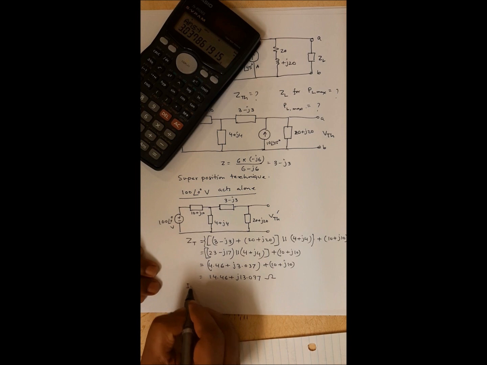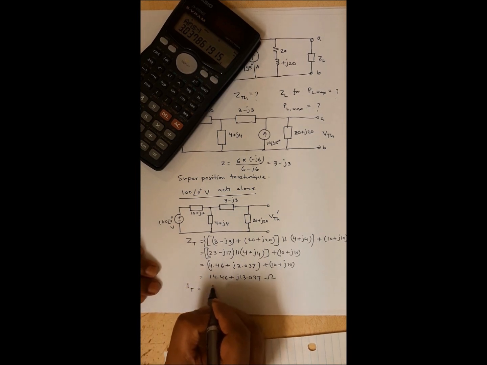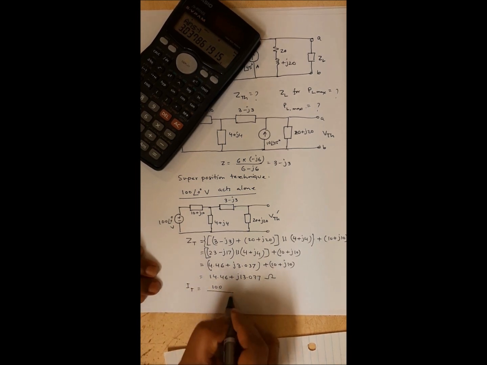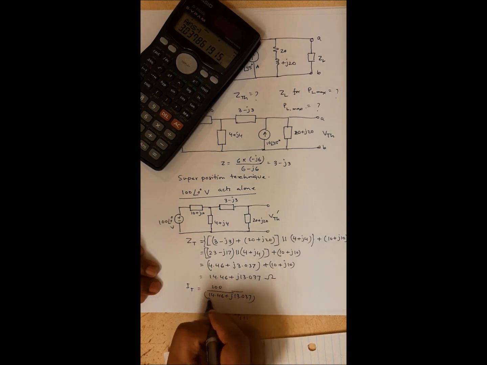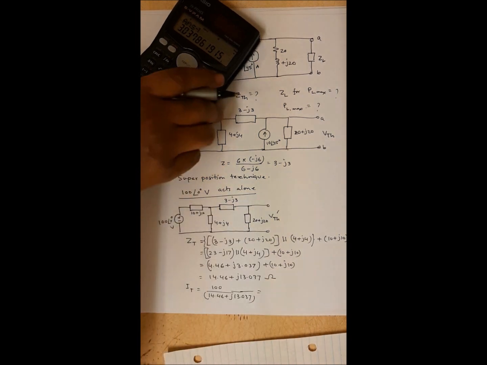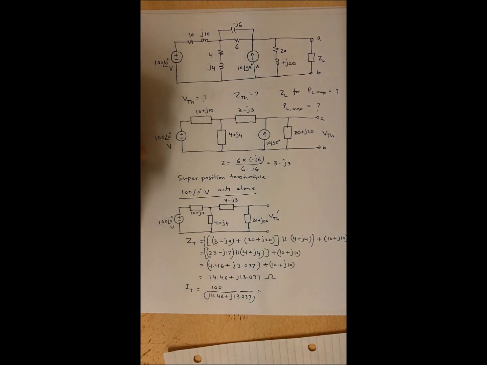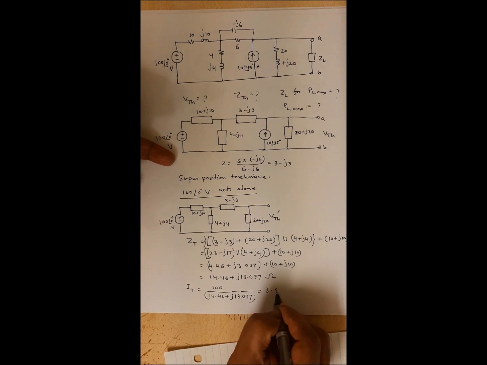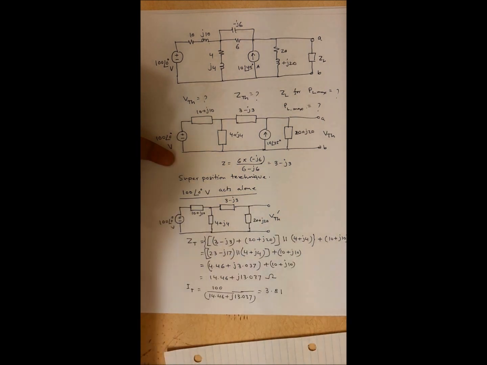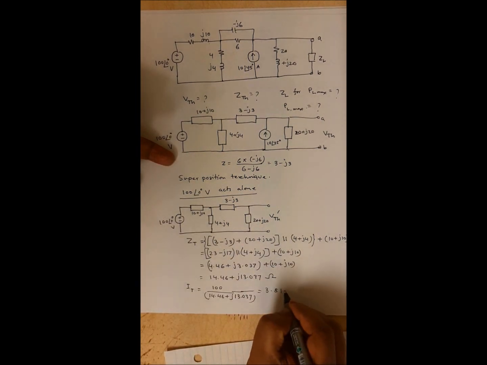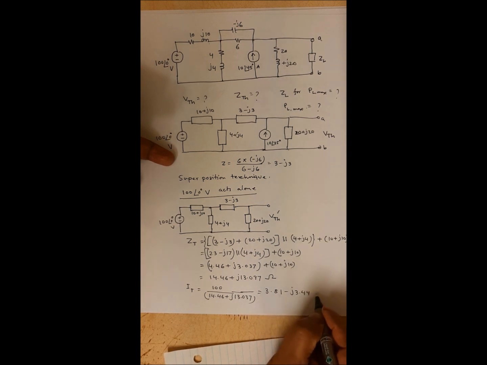Now we can find the total current IT, which will be 100 over 14.46 plus J13.07. That gives us 3.81 minus J3.44 ampere.